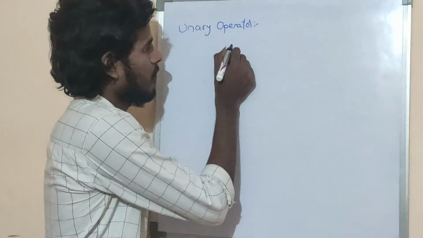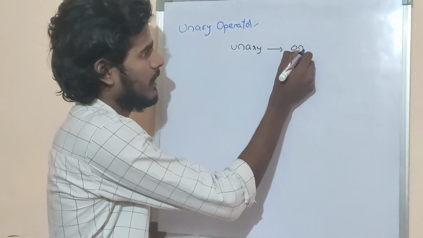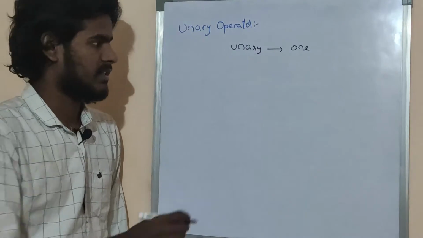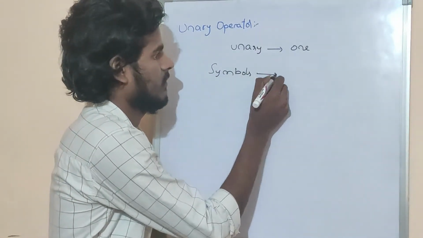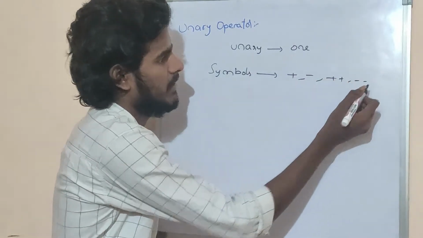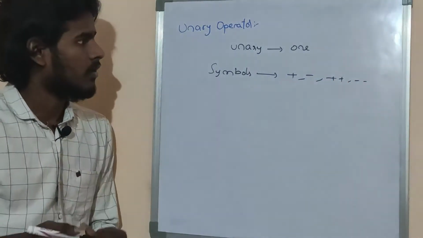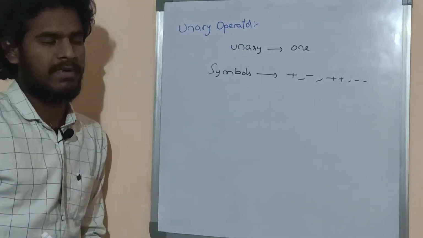Unary means one. The symbols are plus, minus, plus plus, minus minus.